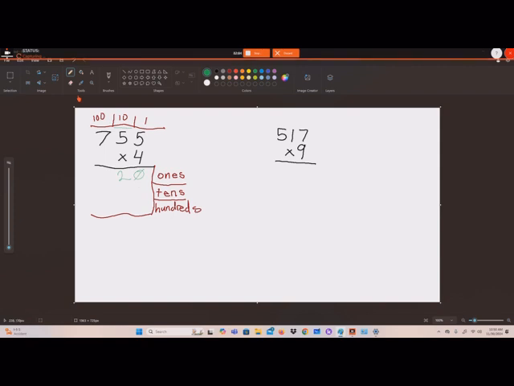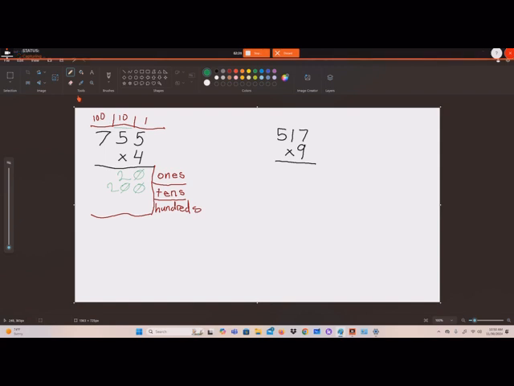So 20 ones, right? Or 20. 4 times 5 tens. I like to put little placeholders here to remind me that I'm working with the tens, especially since I'm not going to have this whole setup every time I do partial products. 4 times 5 tens is 20 tens, or 200.